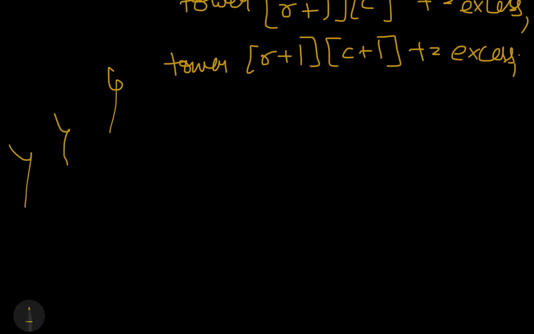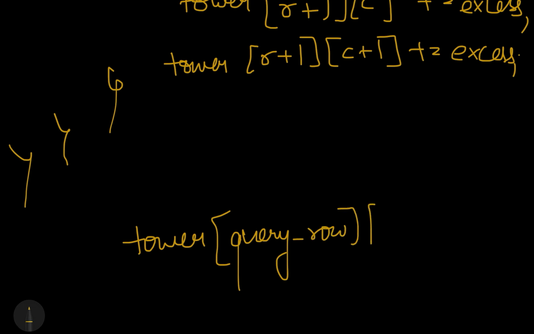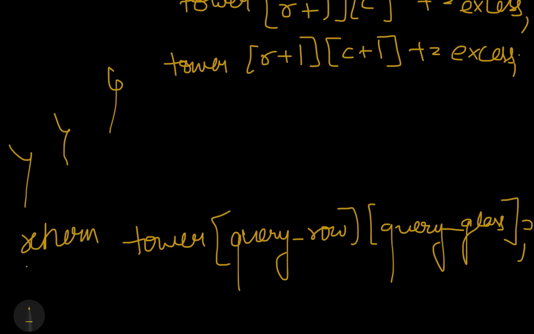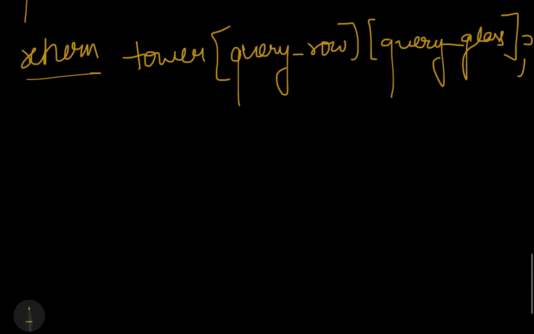So at last, in our tower at the query row and query glass, we'll have the amount of champagne in it. And then we can simply return it.